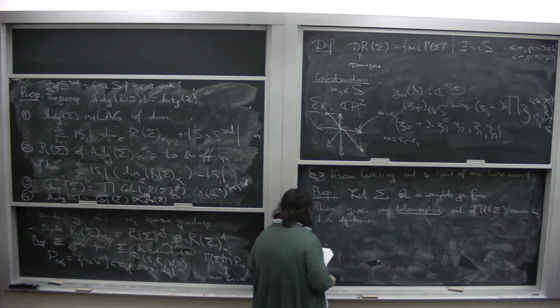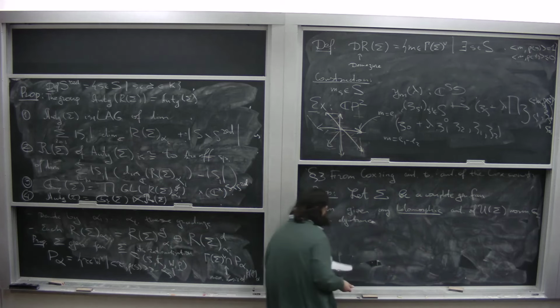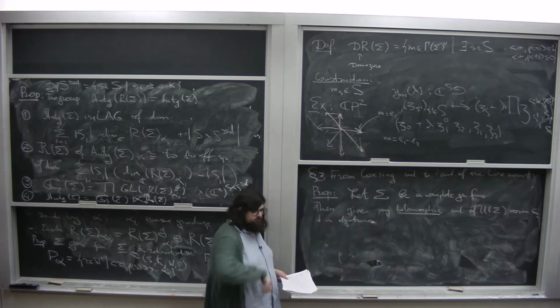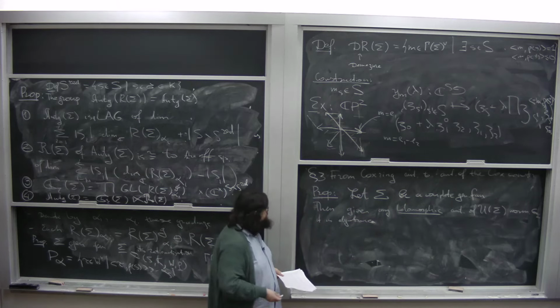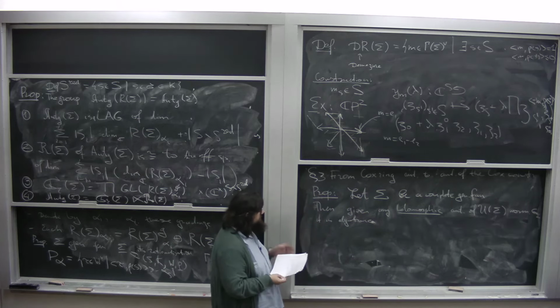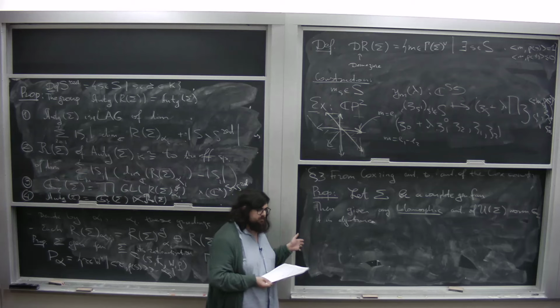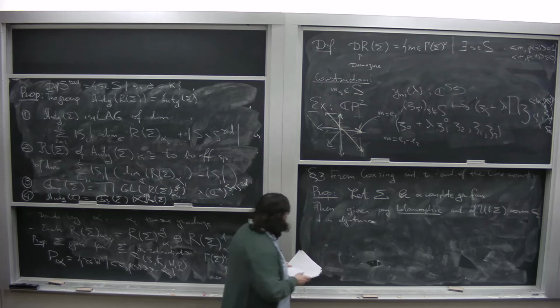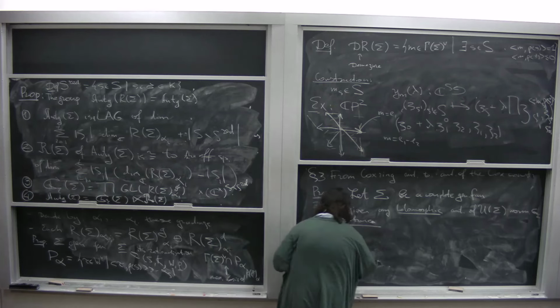In this case, you can give a completely elementary proof of this fact. In the end, it reduces to an explicit calculation with power series. You can write down the power series of the automorphism, and then because of compactness, you can show it. Okay, let me do this argument.